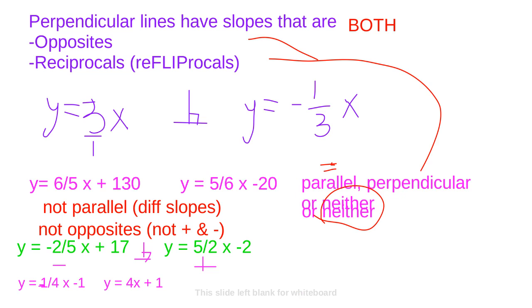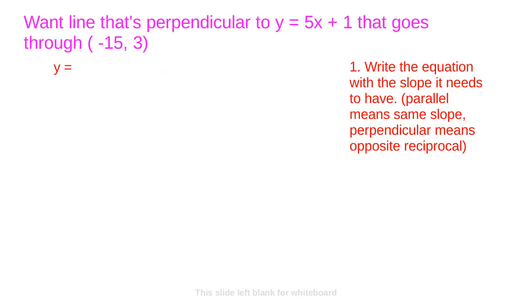So what is the opposite reciprocal of 5? Yeah, negative 1/5. So negative 1/5 x plus b. We write the equation with the slope it needs to have. Step 2, I'm going to change the color because I can. Step 2 is you plug in the point given.